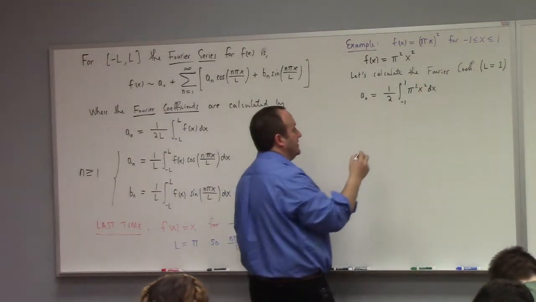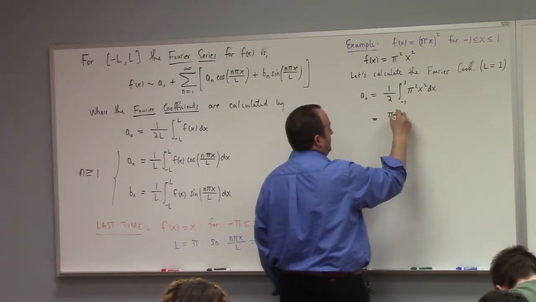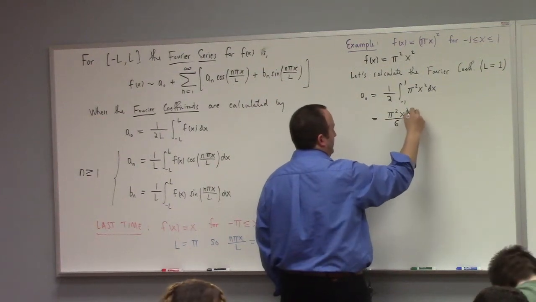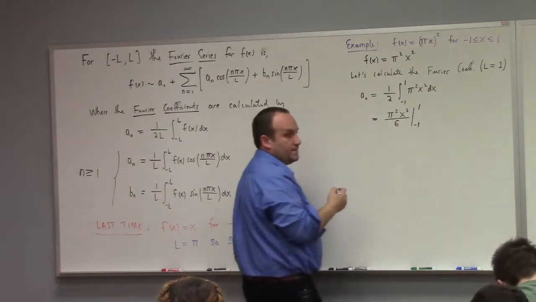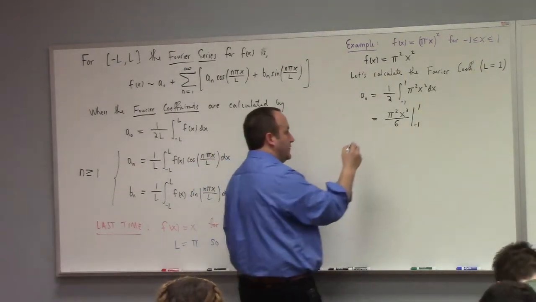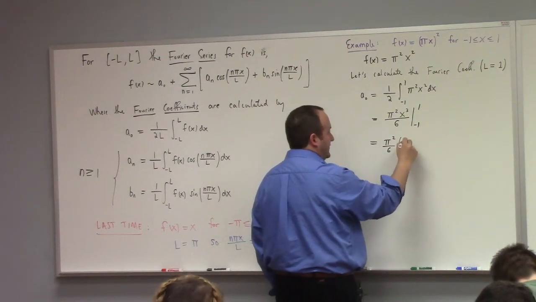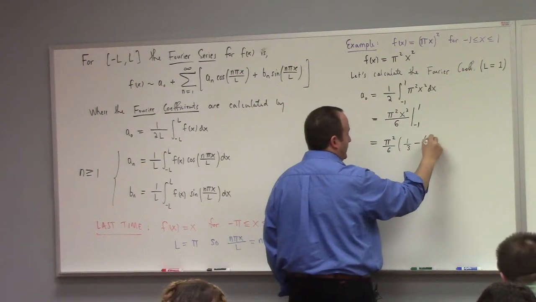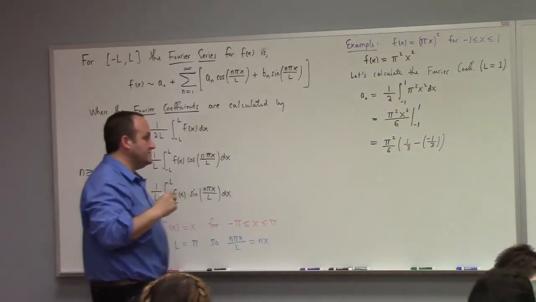So what's a sub 0 equal to? Pi squared x to the third divided by 6 evaluated from minus 1 to 1, otherwise known as pi squared over 6 times 1/3 minus minus 1/3. So what's my a sub 0?